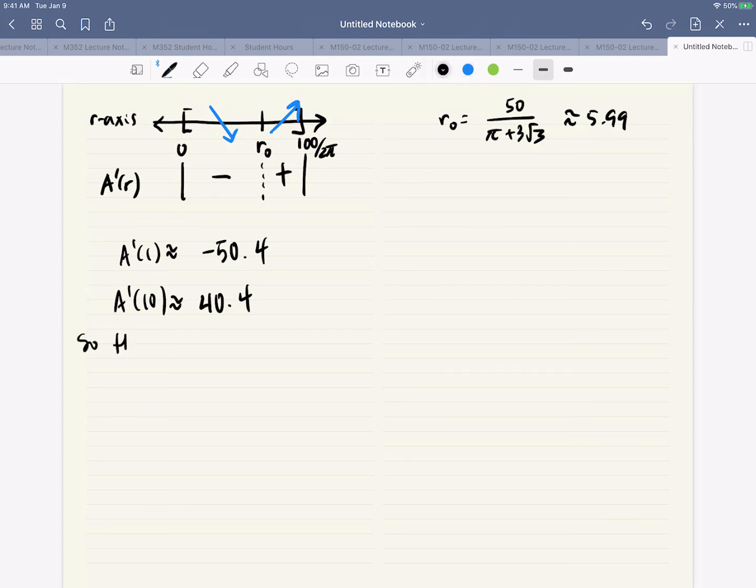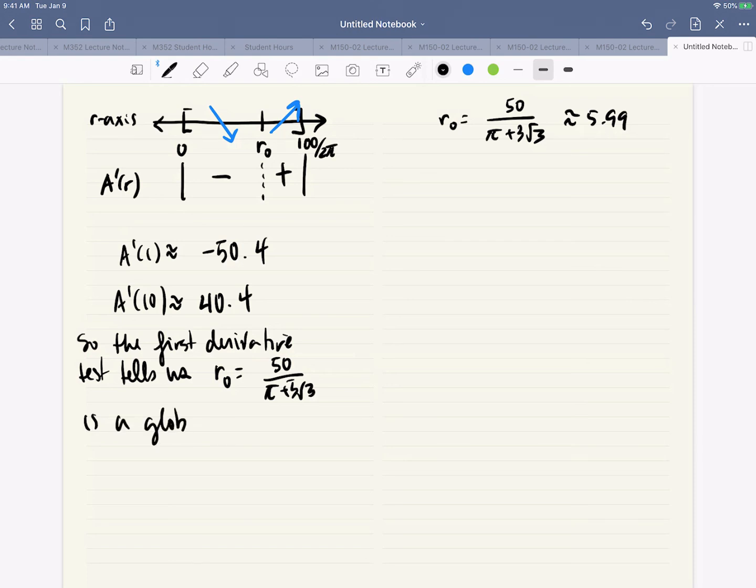So the first derivative test tells us r0 equals 50 over pi plus 3 root 3 is a global minimum for the total area function.